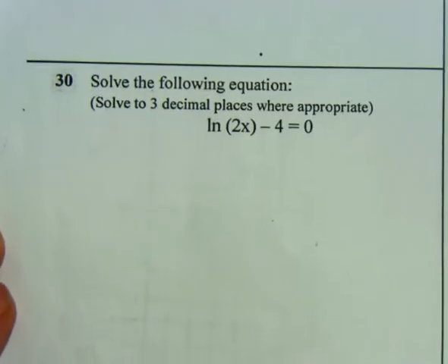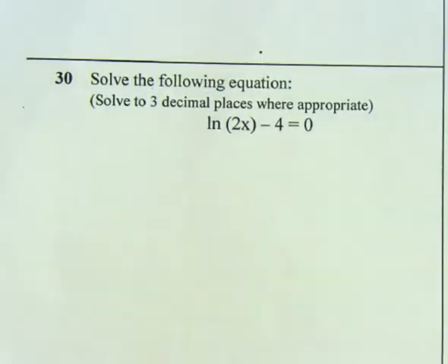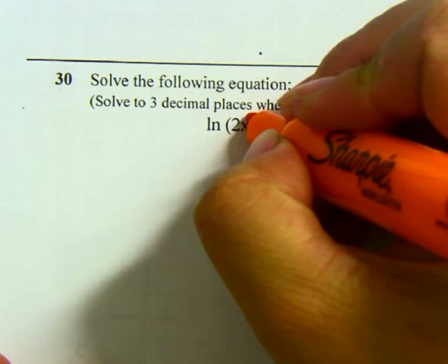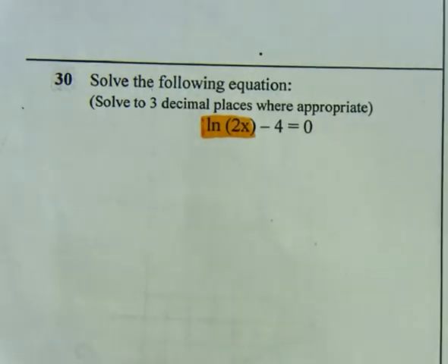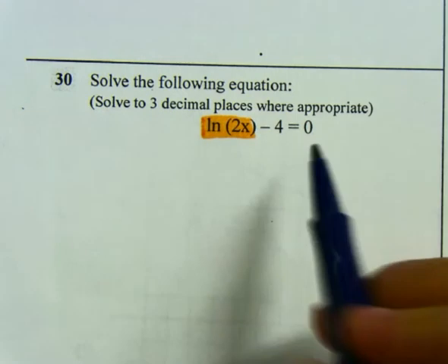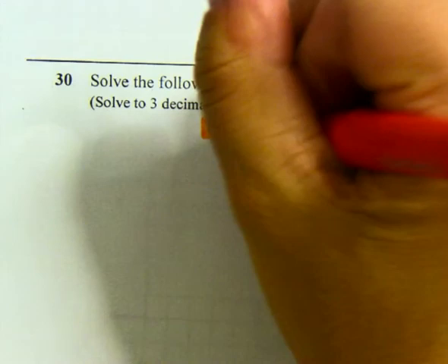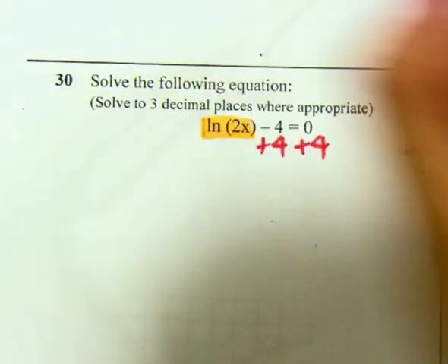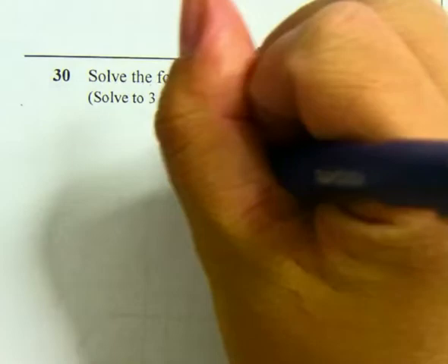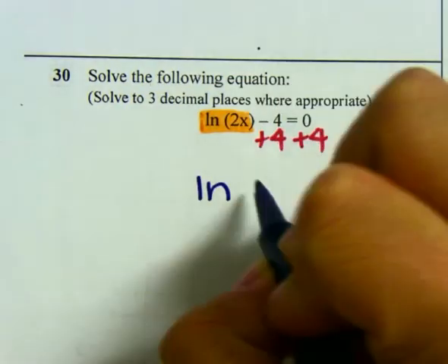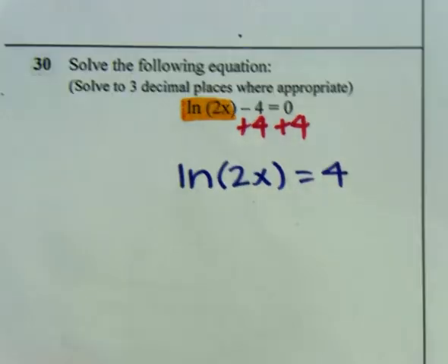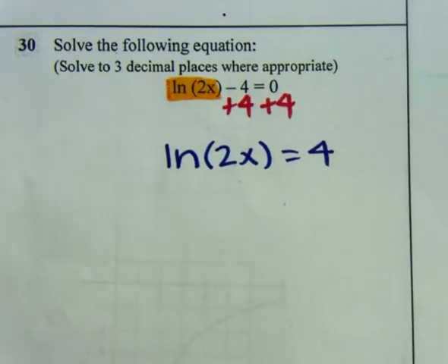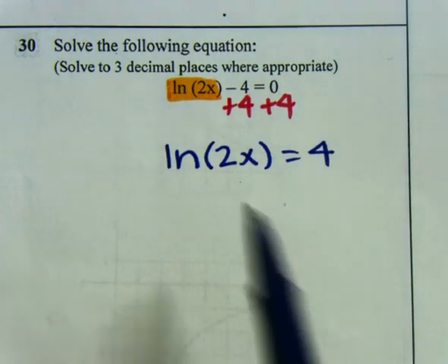30, I can locate my x. So I need to isolate what I've just highlighted, so I need to add 4 to both sides. I get ln 2x is equal to 4. Now let me ask you, do you have a log or do you have an exponent here? And the answer is you have a log, right?